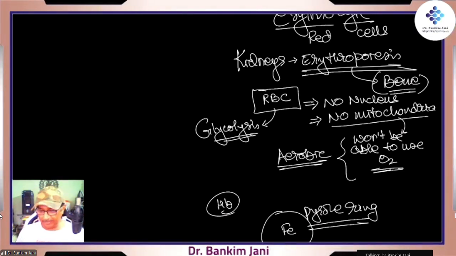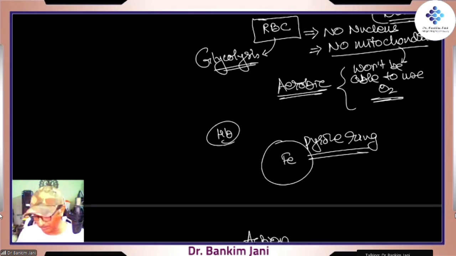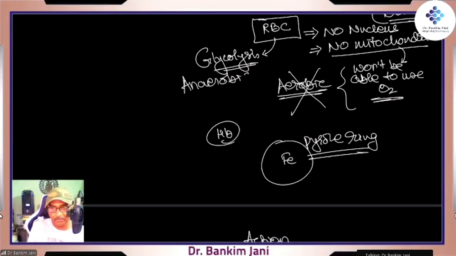In RBC, there is no nucleus, no mitochondria, which means oxygen cannot be used, so it cannot have aerobic metabolism. That's why it goes for anaerobic metabolism, that is, in the absence of oxygen, and that is glycolysis, which we'll be discussing today. Technically speaking, hemoglobin has iron at the center, and there are pyrrole rings and some other structures surrounding it.